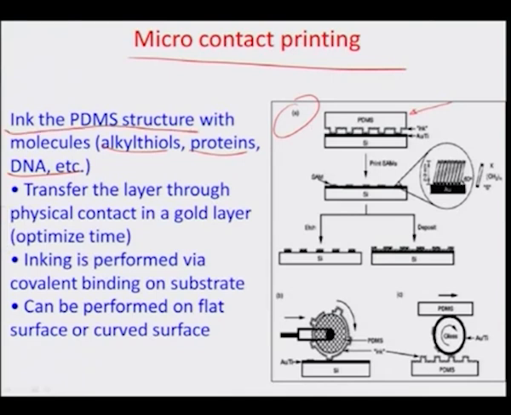Once this is inked up, the PDMS surface can be pressed and held against a layer which is the receiver layer, just like the paper in the stamping example. In this particular case, let us say you have a gold titanium layer which is the receiving layer.